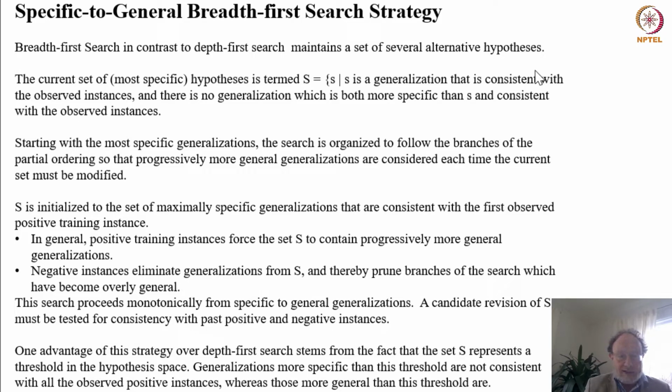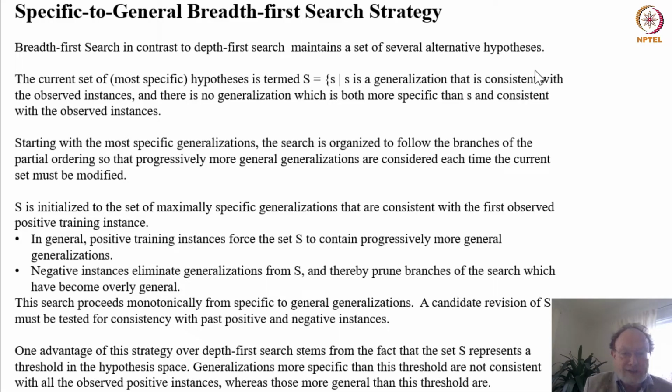So we initialize S to the set of maximally specific generalizations consistent with the first observed positive training instance. In general, positive training instances force the set S to contain progressively more general hypotheses.